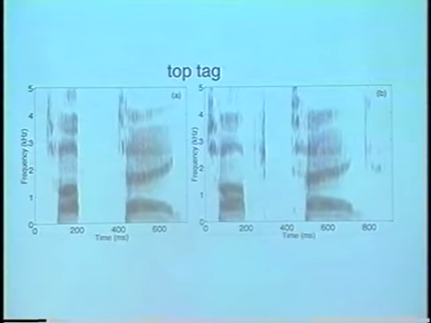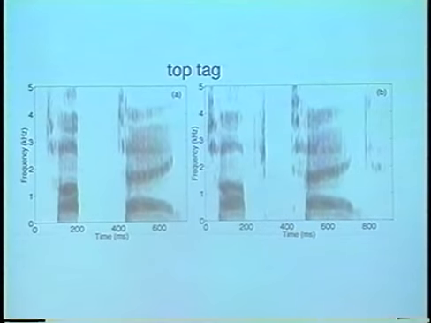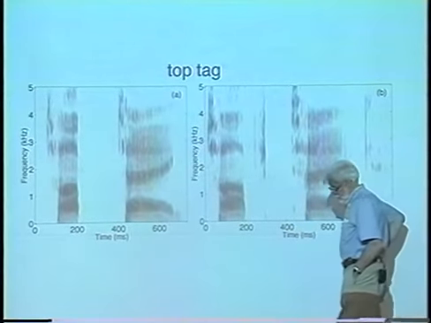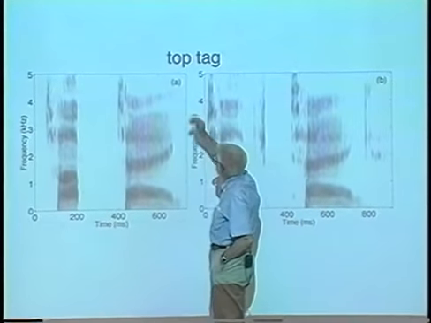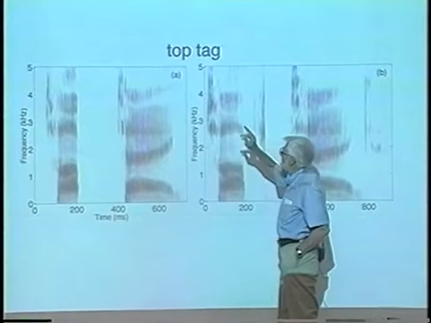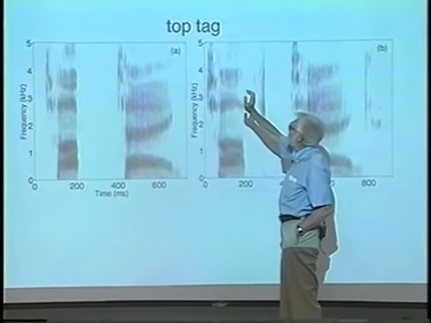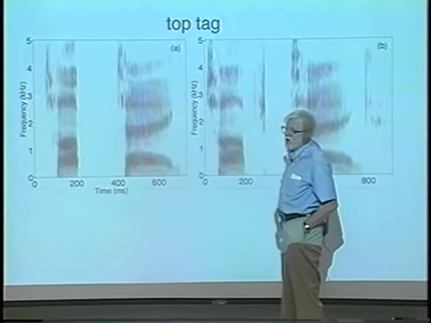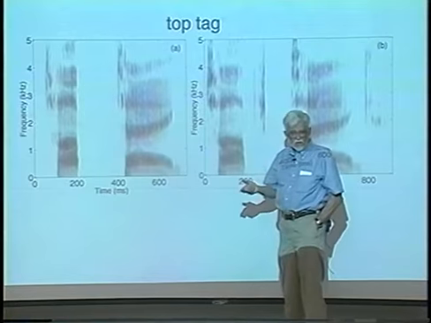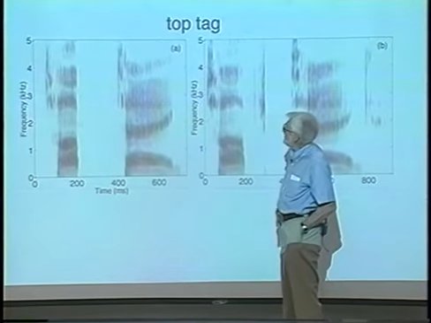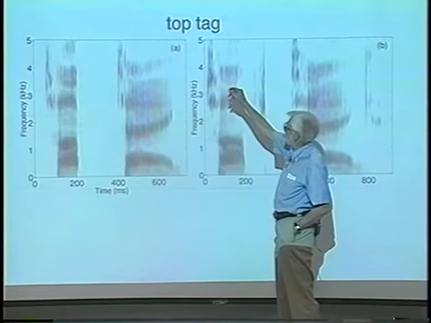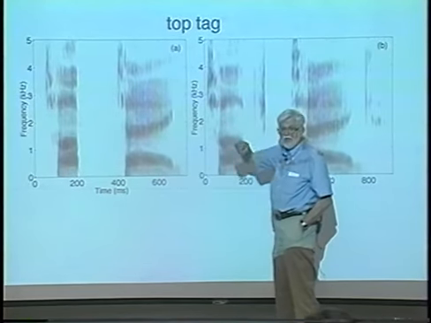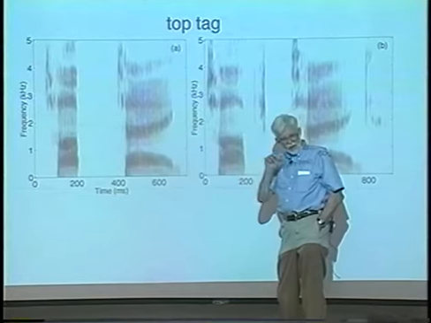You take a word like top tag, and then normally when you produce that, you certainly go through the gesture of making a labial closure and an alveolar opening, okay, in sequence. But quite often the alveolar closure is made before the labial release, right?